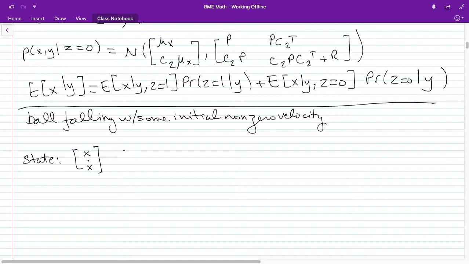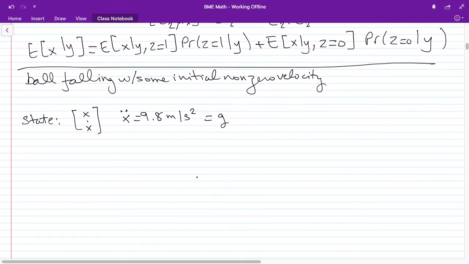And we know that if you have been born and raised on planet Earth, then you're going to expect that acceleration is going to be 9.8 meters per second squared, which we call gravity. Okay, so given that this is your expectation, then the dynamical system that we're talking about has the following form.